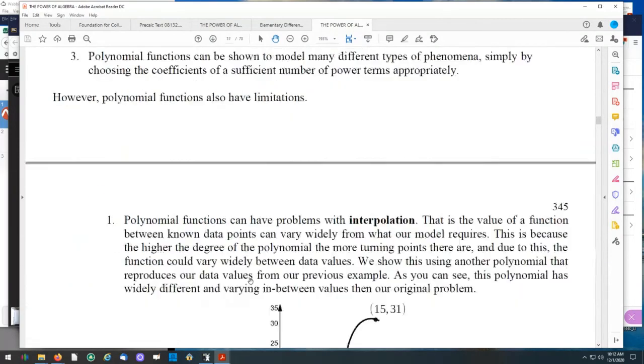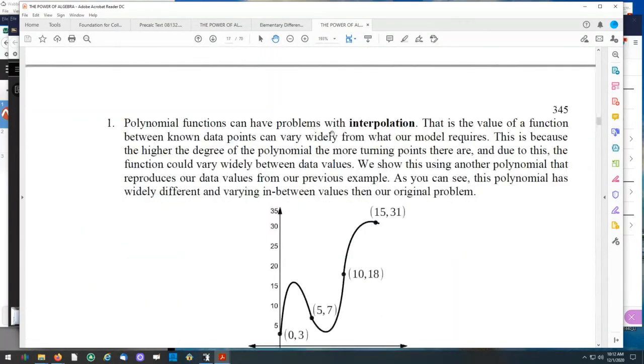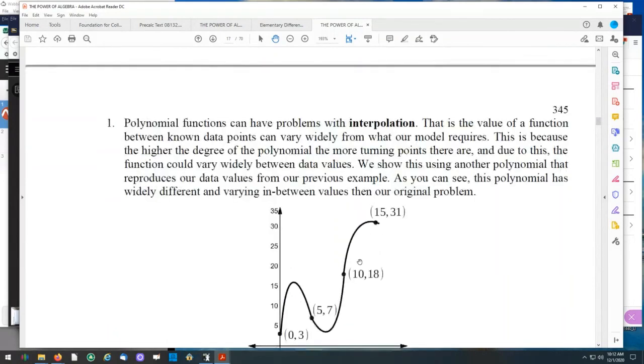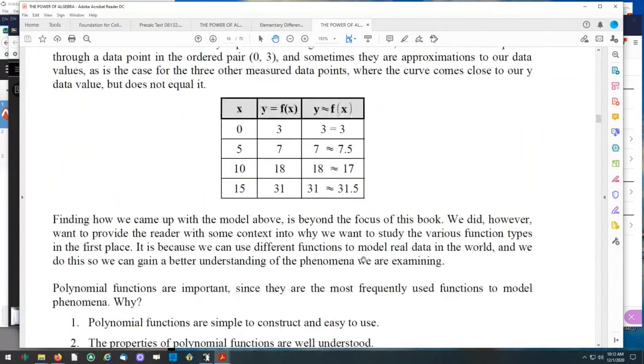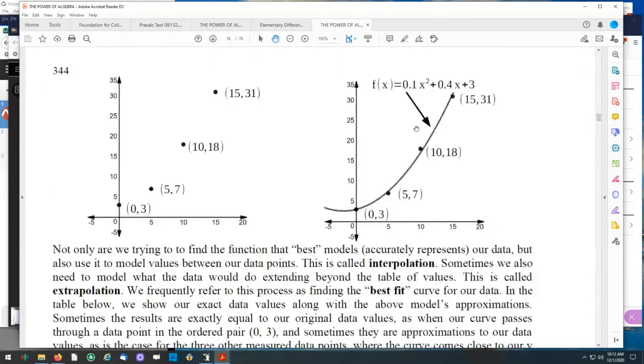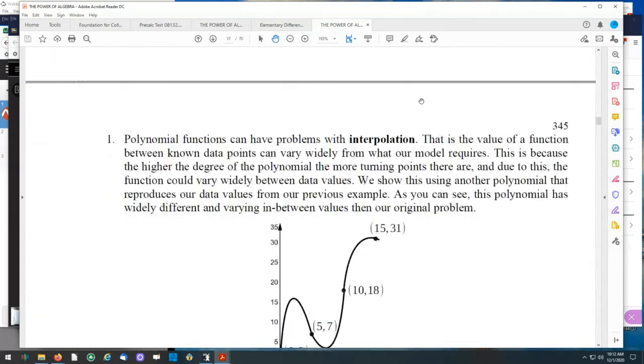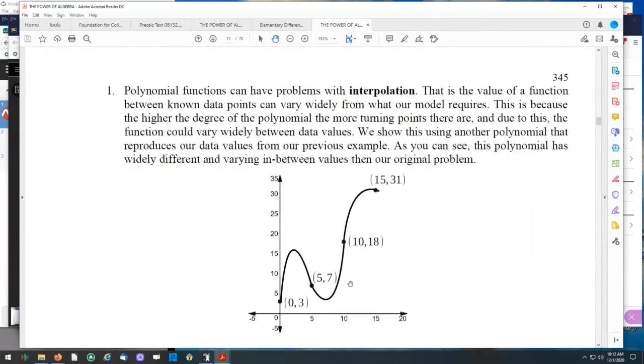However, they do have limitations. One of the problems is with interpolation. If I take a higher degree polynomial function, maybe the graph I want, this is my original data points. That was the same exact data I had over here, but there I was modeling this with a second degree. This is modeled with a much higher degree polynomial, and what happens?